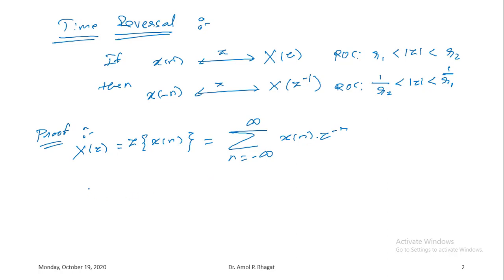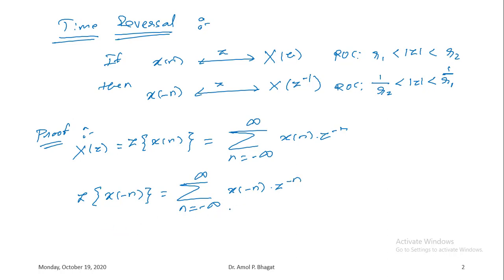That is the formula of the Z transform. Here we are interested in identifying the Z transform of x of minus n. So in the formula, in place of x of n, we will substitute x of minus n. So it will be summation n equals minus infinity to infinity x of minus n into Z to the power minus n.